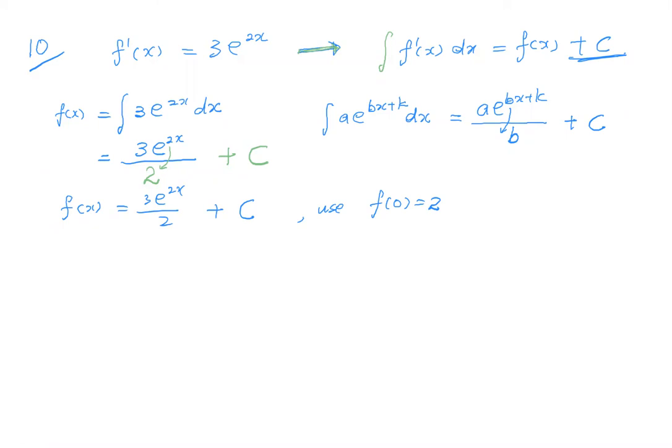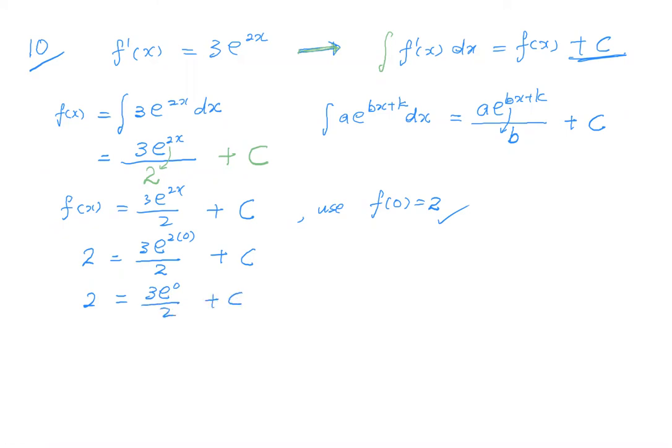So it means 2 equals, you must substitute your x with 0. That is the way to use this information. So 2 equals 3e to the power of 0 divided by 2.